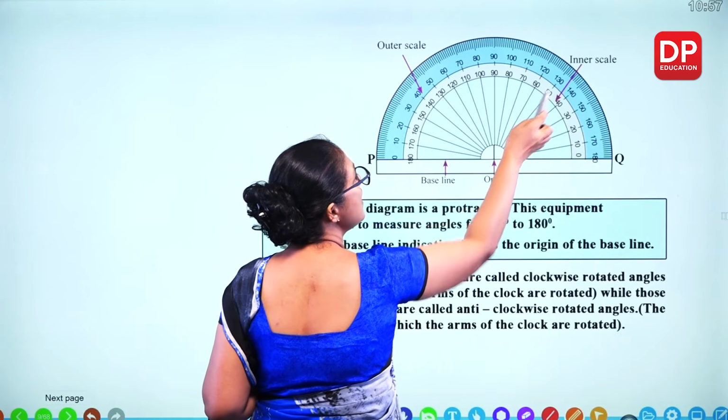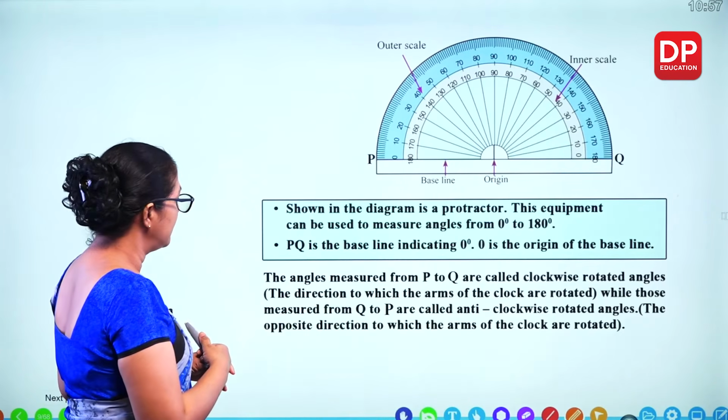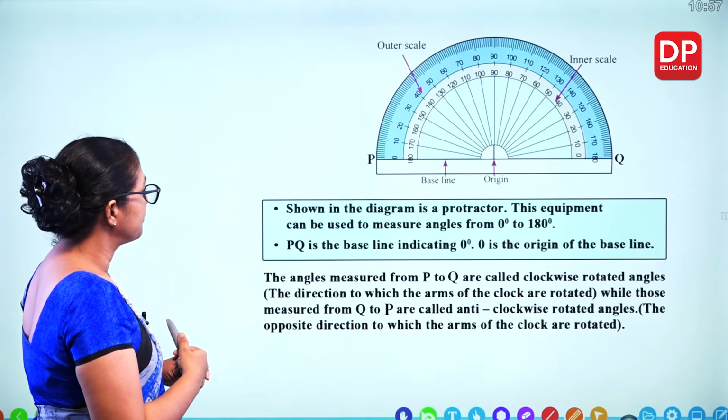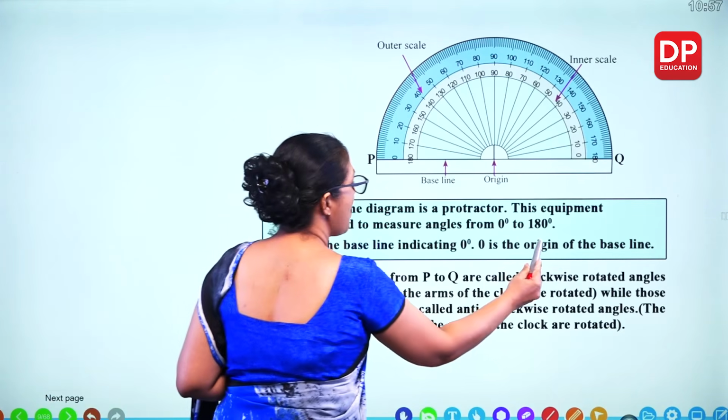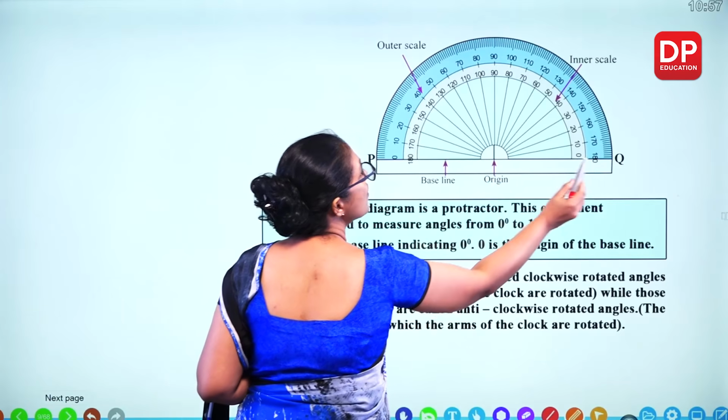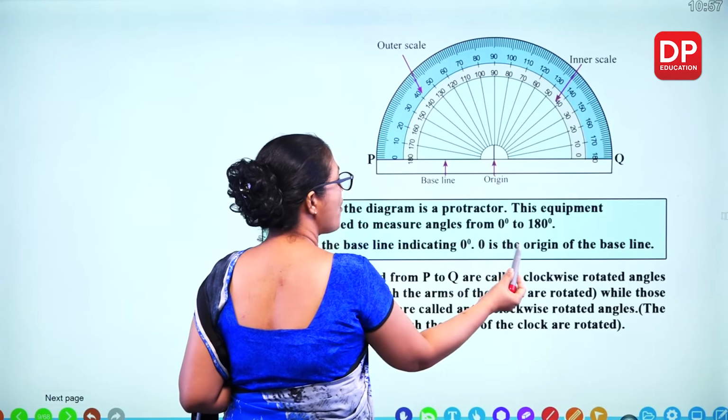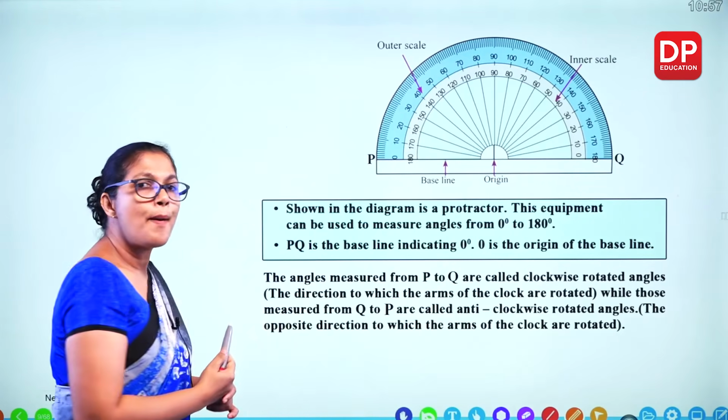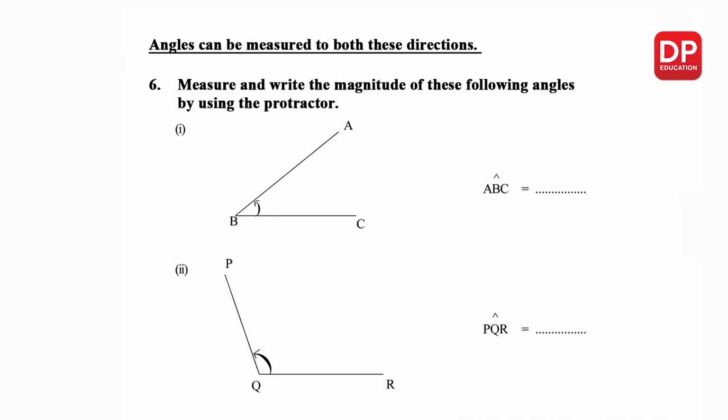So that's from the inner scale. And here, remember this 0. 0 is the origin of the baseline. Angles can be measured in both these directions.